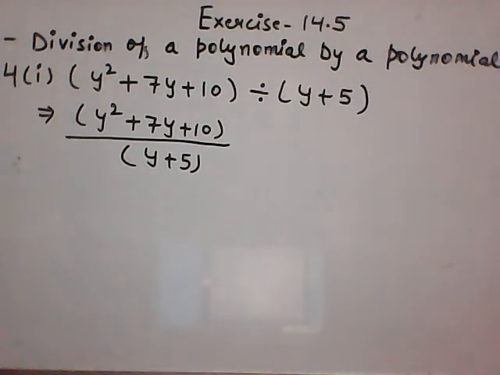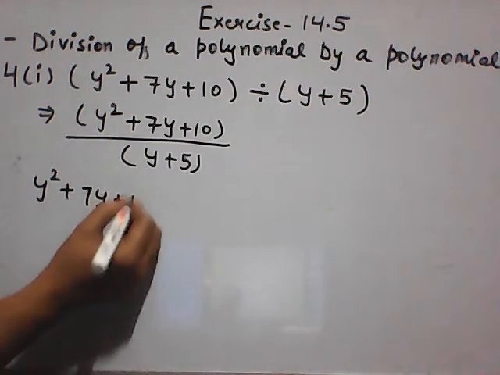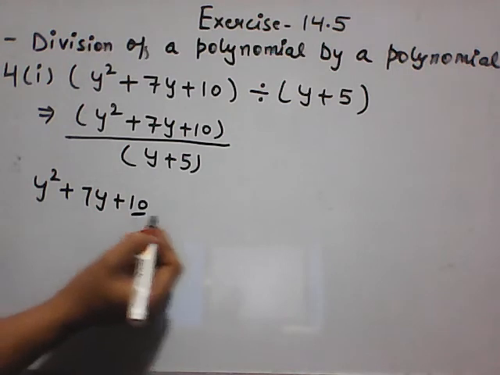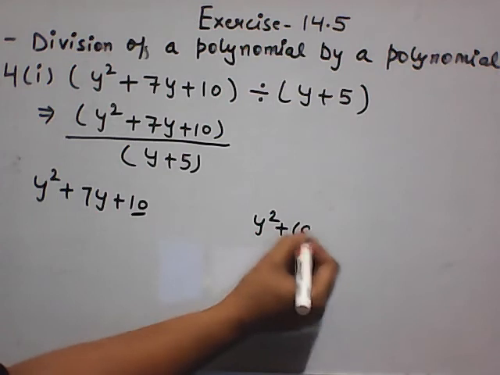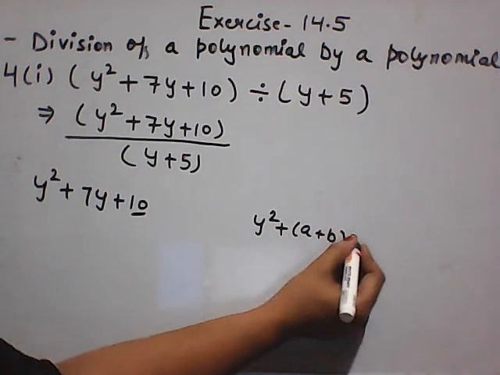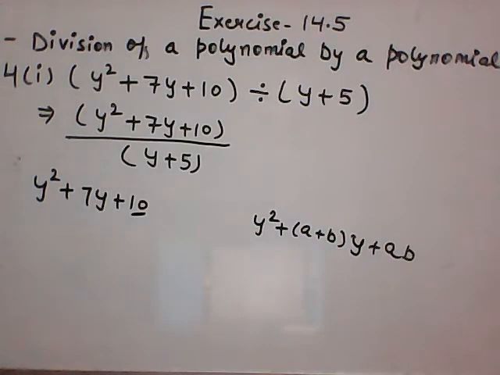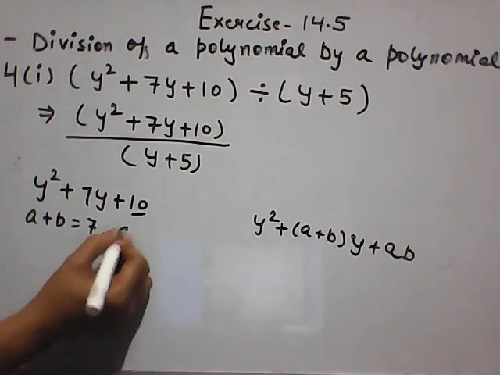Here we have y square plus 7y plus 10. Here 10 is not a perfect square, so we can use the identity y square plus (a plus b) into y plus ab, such that a plus b is equal to 7 and ab is equal to 10.